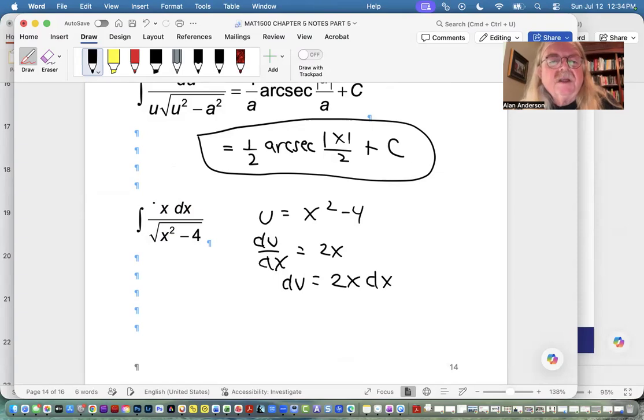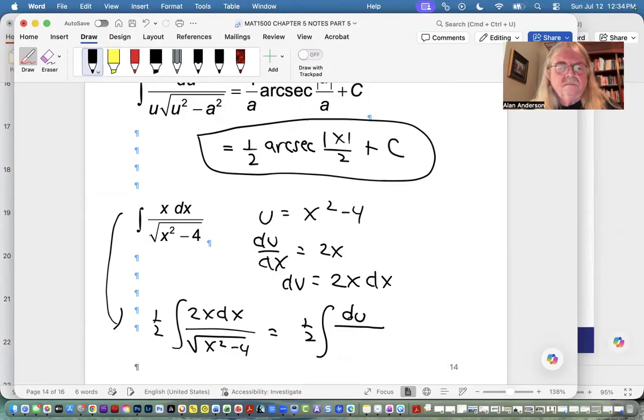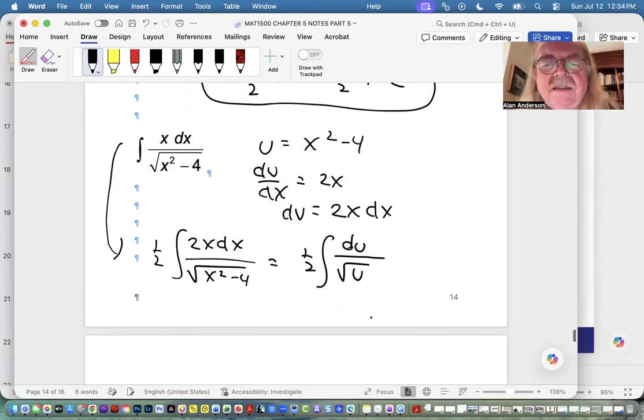And then we'll need to supply 2 here. Oh, I think it's looking good.